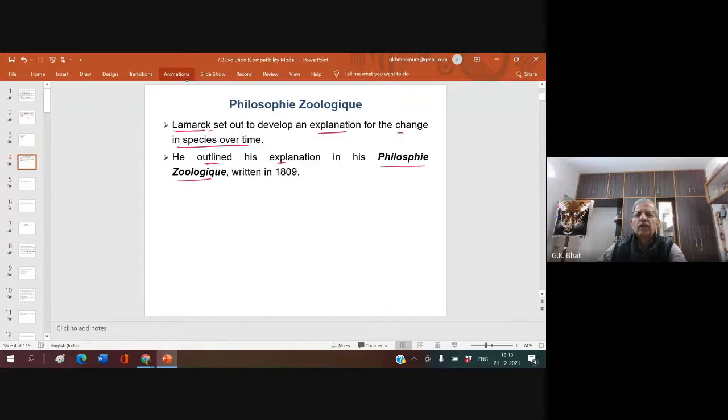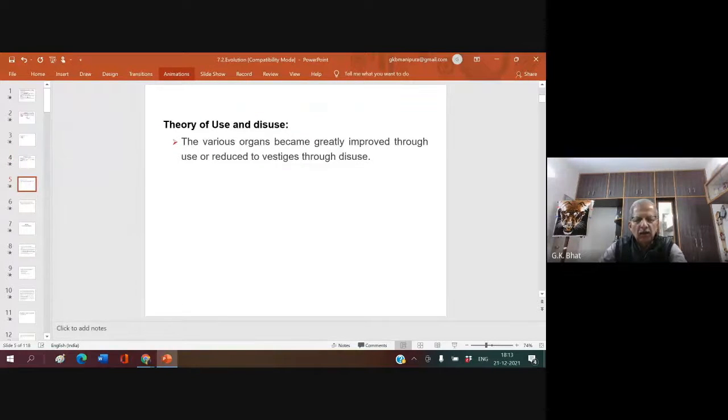So please know that this book is written by Lamarck. Lamarck has put forward two theories: one is the theory of use and disuse, and another one is the theory of inheritance of acquired characters.